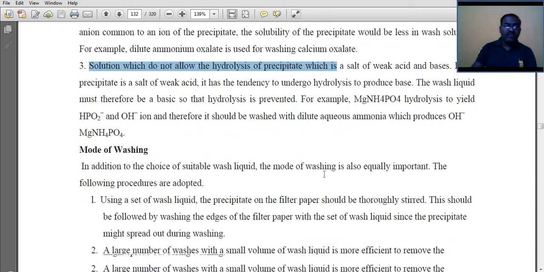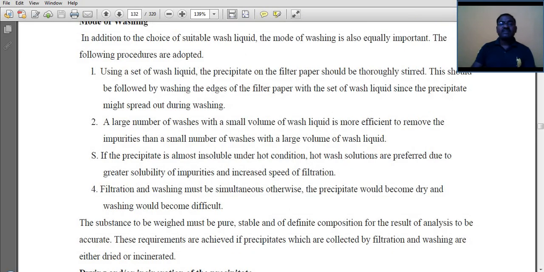What are the modes of washing? Using a set of wash liquid, the precipitate on the filter paper should be thoroughly stirred. A large number of washes with a small volume of wash liquid is more efficient at removing the impurities than a small number of washes with a large volume of wash liquid.